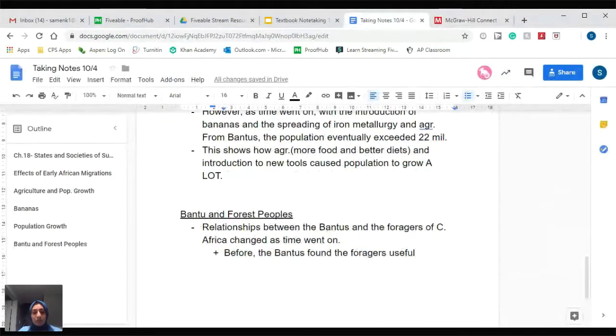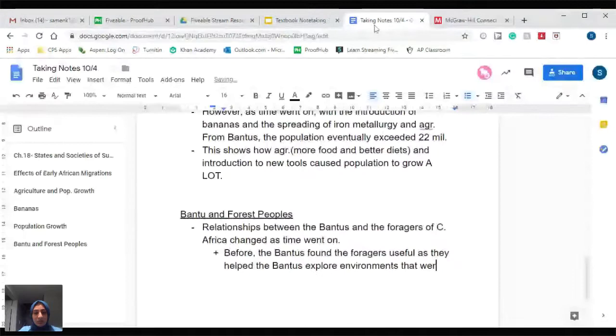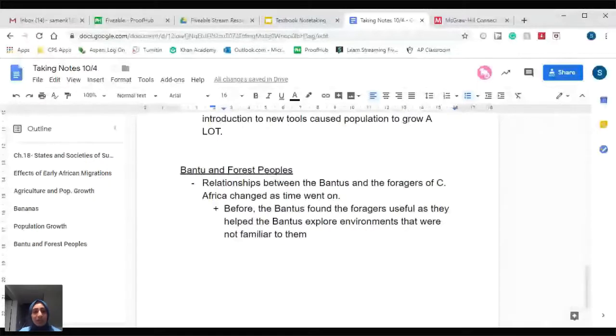So: found the foragers useful as they helped the Bantus explore environments that were not familiar to them. This is before. So we're showing the change over time in this section. We're talking about before, when they found them helpful. They had a good relationship with the foragers.